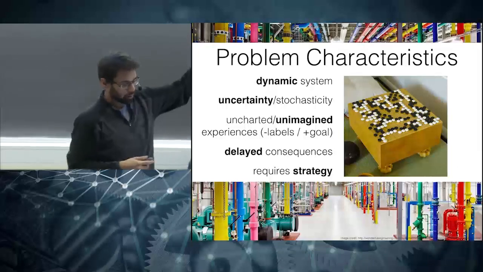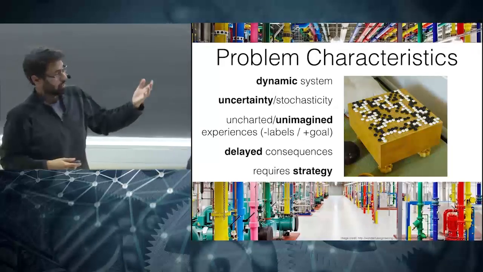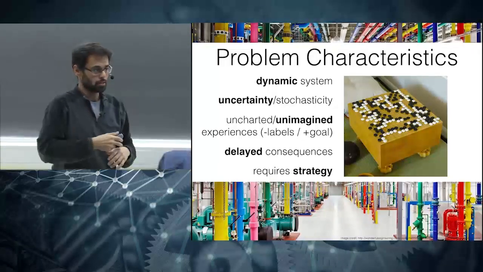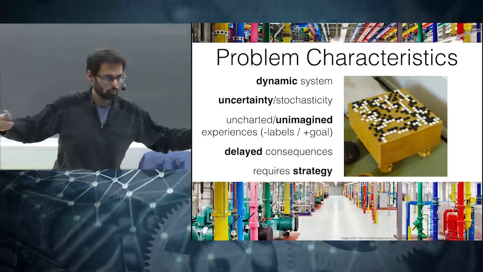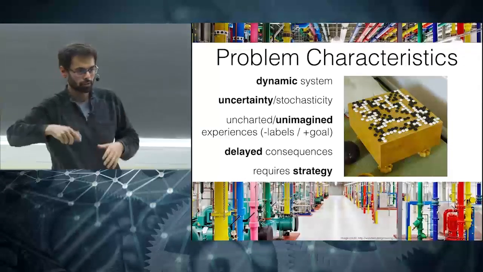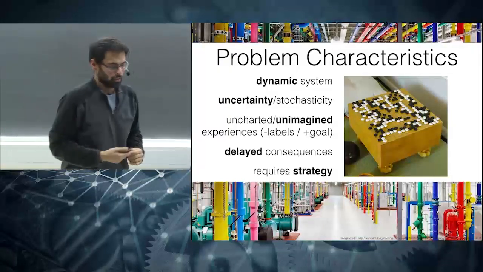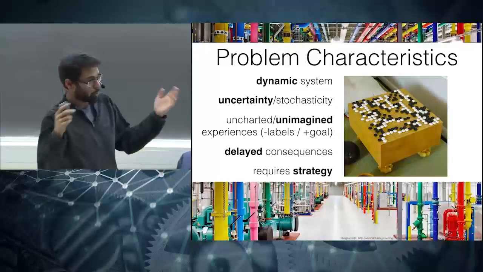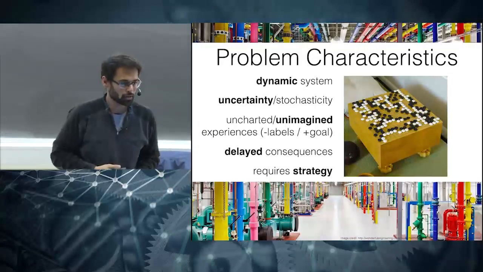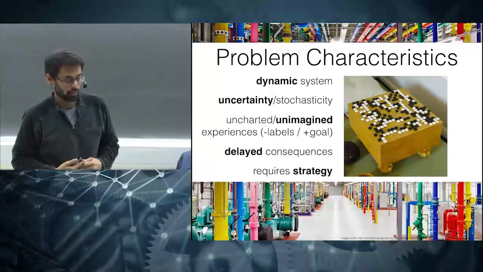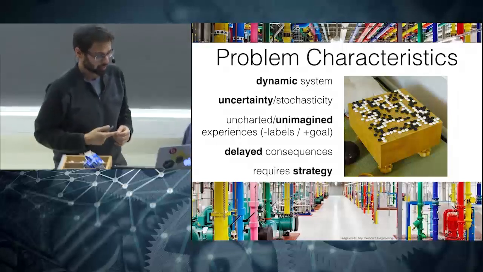So there's some dynamics in the system. There's uncertainty in the sense there's stochasticity in the environment. If there's an opponent and you don't know how they play, there could be some opponents. There's a variety of opponents, so there's a lot of ways that the opponent could behave.